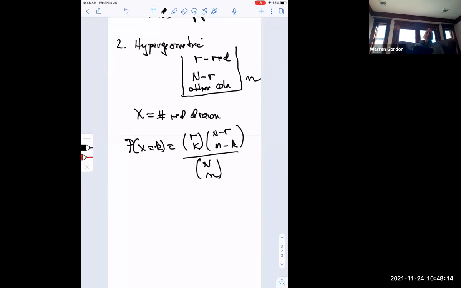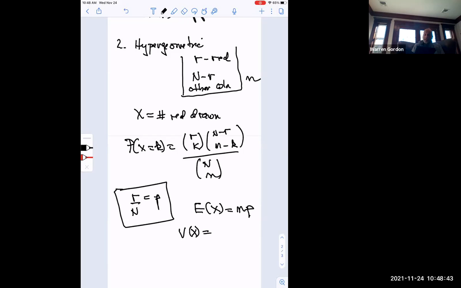And I didn't prove it. It was just messy algebra. I do it in the text. If we define R over N equal to P, then the expected number of red would be N times P, and the variance is a little different. I don't remember what it is. Let me look it up.